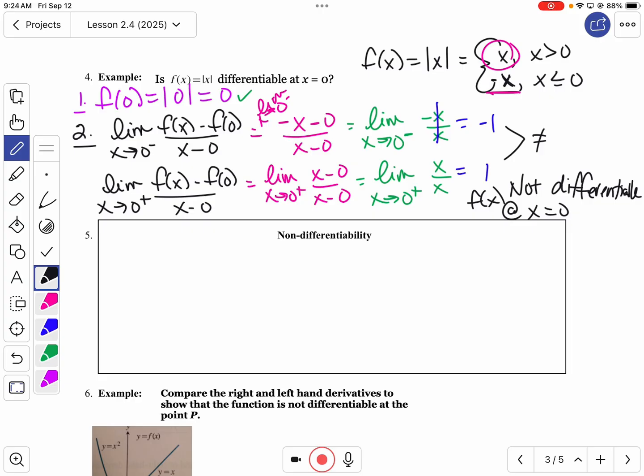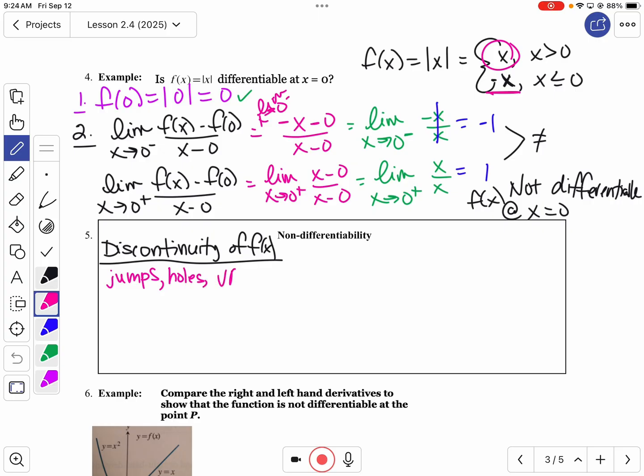So now let's talk about where things are not differentiable. We labeled those a few minutes ago. We were like, hey, it didn't work when we had a discontinuity. So that's the first place. Any discontinuity of the function. So those are your jumps, your holes, your vertical asymptotes.